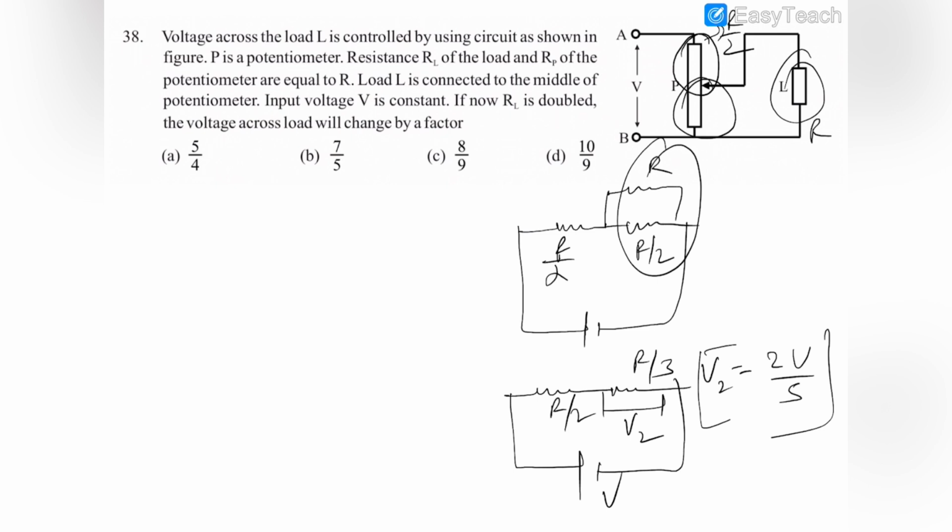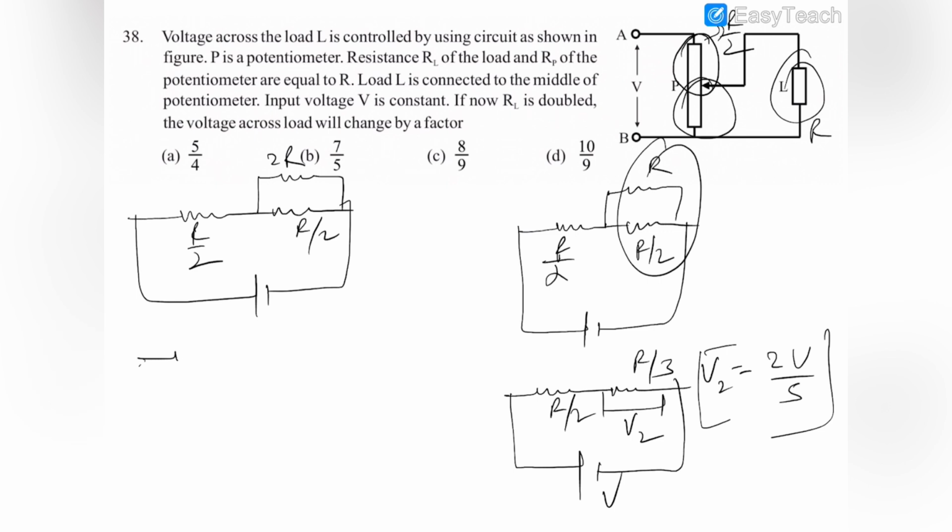Now finally what happens is that this load resistance is doubled, while the potentiometer remains the same. So this is R by 2 and this is R by 2, and this load resistance is now 2R. Now you can see that this has an equivalent resistance of 2 by 5 R, 2R by 5.